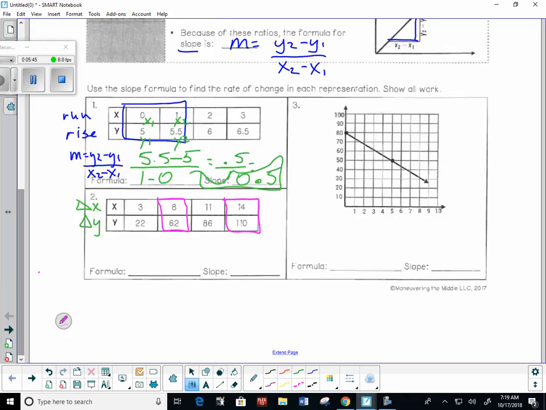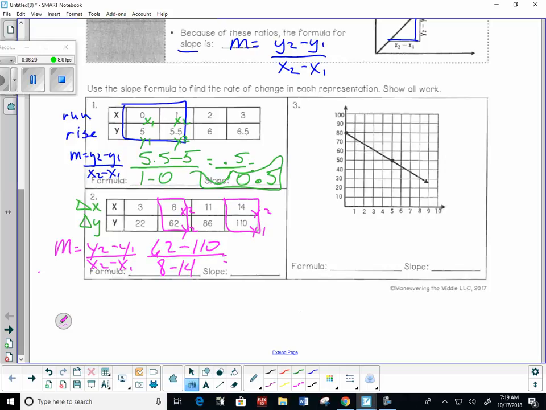Okay, so our slope formula, slope is y2 take away y1 over x2 take away x1. I'm going to go backwards this time, so I'll just call this one y2 and y1, x2 and x1. So we'll take our 62, and I'm going to take away 110 over, keep the same pattern, 8 take away 14.